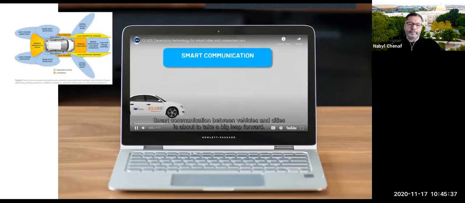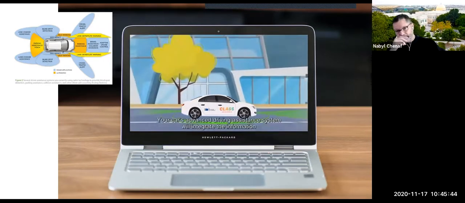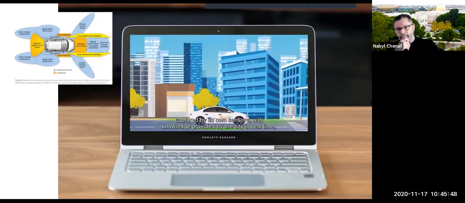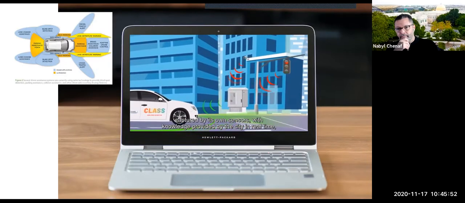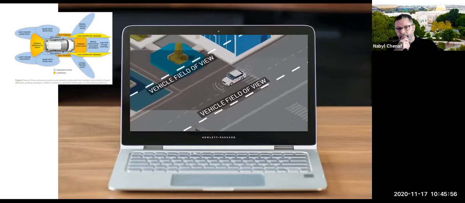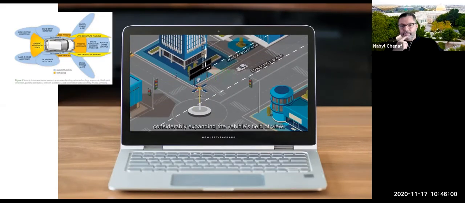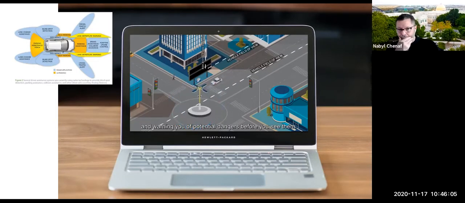Smart communication between vehicles and cities is about to take a big leap forward. Your car's advanced driving assistance system will integrate the information captured by its own sensors with knowledge provided by the city in real time, considerably expanding the vehicle's field of view and warning you of potential dangers before you see them.